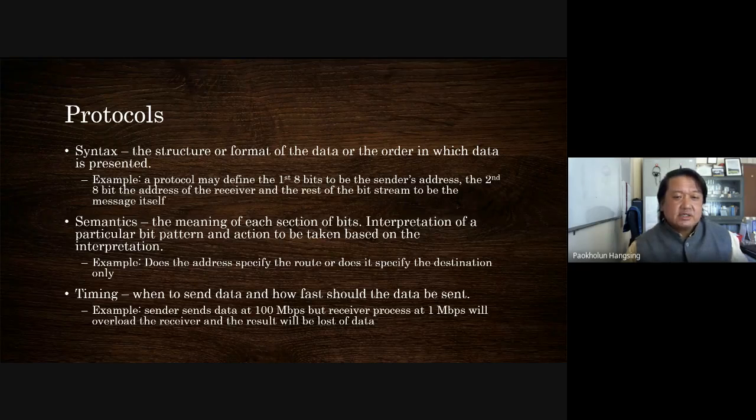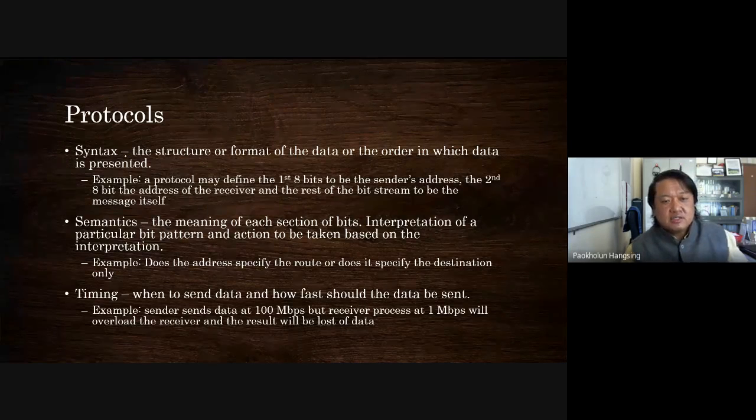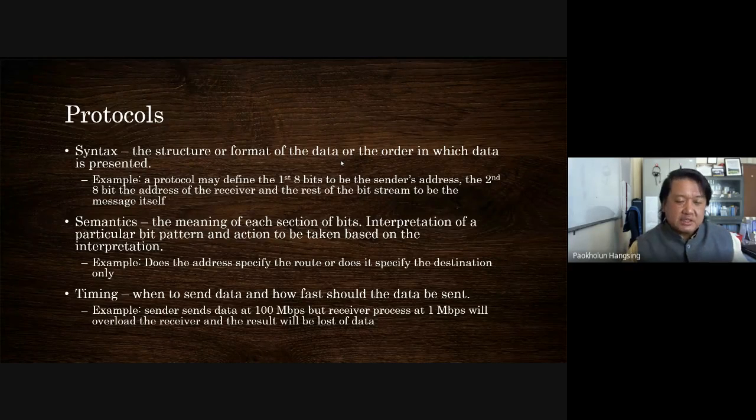So what is syntax? Protocol defines the syntax. Syntax is the structure or format of the data, or the order in which data is presented. When the syntax of a communication is defined, it is about the structure.